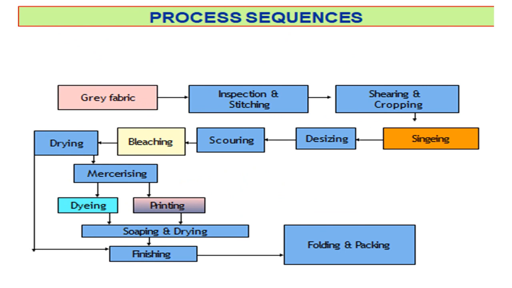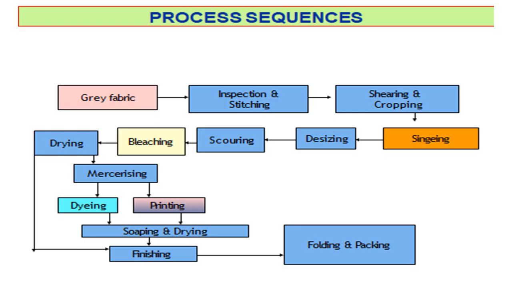The sequential processes involved in dyeing process are: the grey fabric is subjected to inspection and stitching, followed by shearing and cropping, sizing, desizing, scouring, bleaching, drying, mercerizing, dyeing or printing, followed by soaping and drying, and the finished goods can be folded and packed.